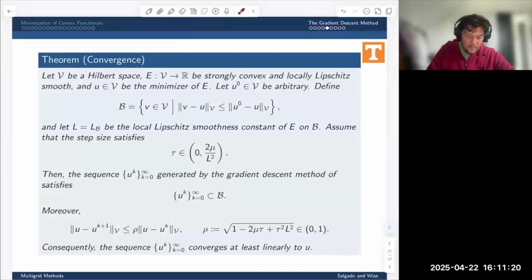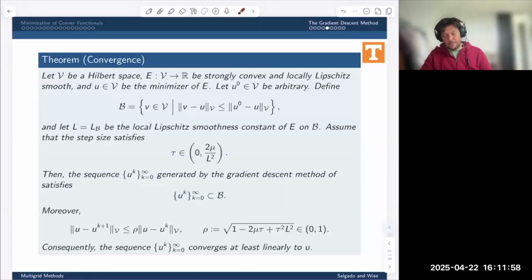Let V, of course, be our usual Hilbert space. E is our functional that is assumed to be strongly convex and locally Lipschitz smooth. We're going to label U to be the minimizer of E, and we know by our assumptions on E that this minimizer exists and is unique. Next, we need to pick a point, u naught, and that point can be absolutely arbitrary in V. It doesn't have to be sufficiently close.